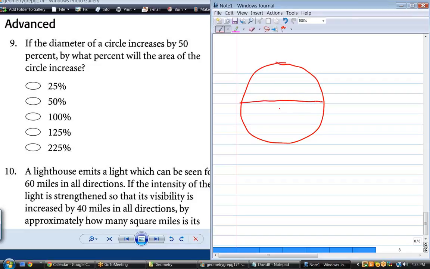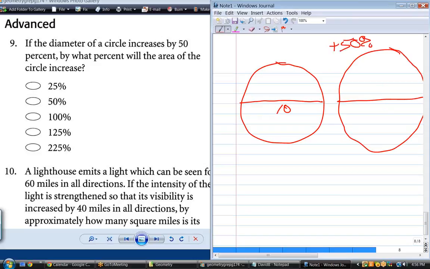Let's take an example. What's this diameter going to be if it's plus 50%? It's going to be 15. Sorry, it's increased by 50%.